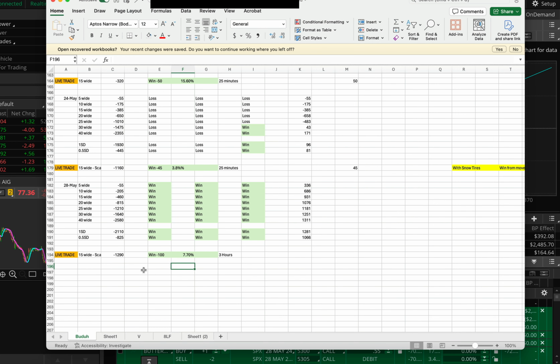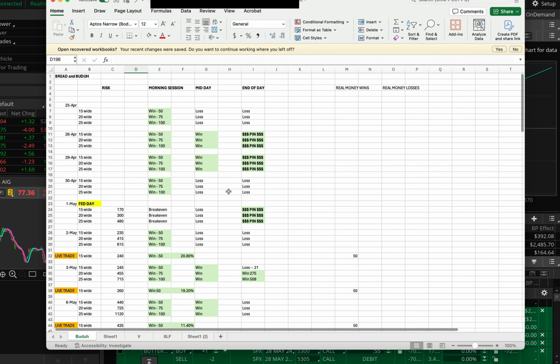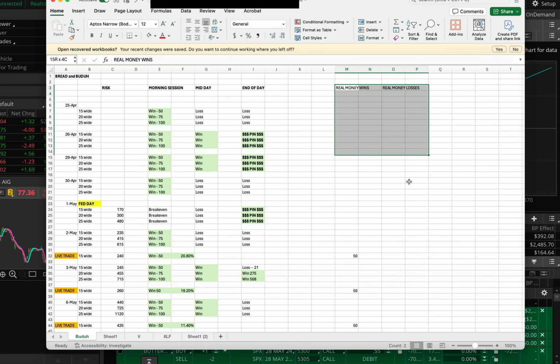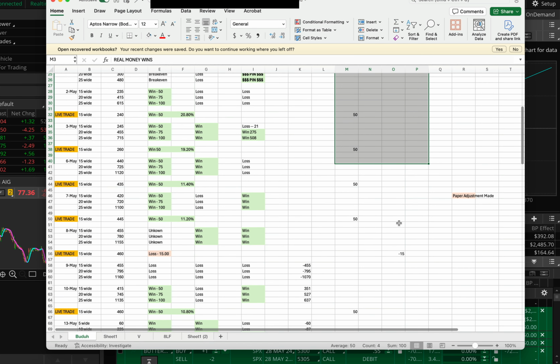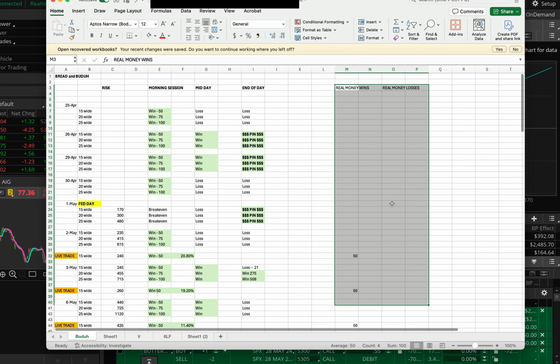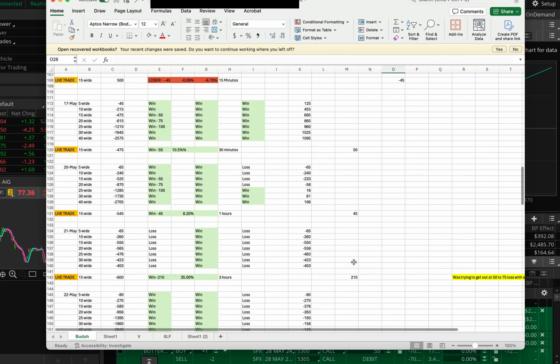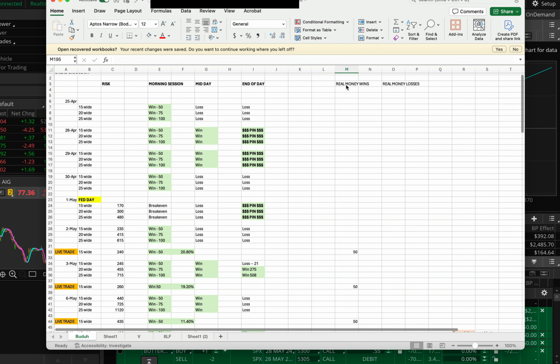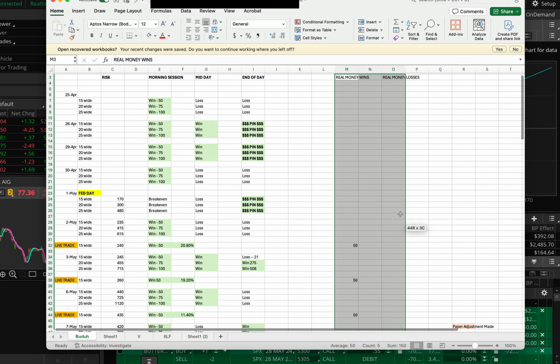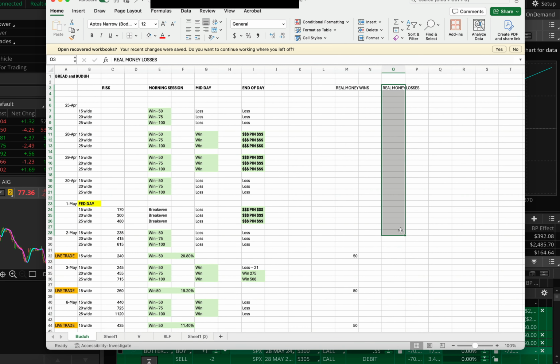Okay, cool. Nice. And then the last thing is I created 2 new columns here. I'm going to start to track in these 2 columns just the real money wins and the real money losses, so I can see what the totals are, so I know when to scale next. So let's add in this number down here for today, which was 100. So I'll put 100 there. This is the win column, all the wins. This is all the losses.